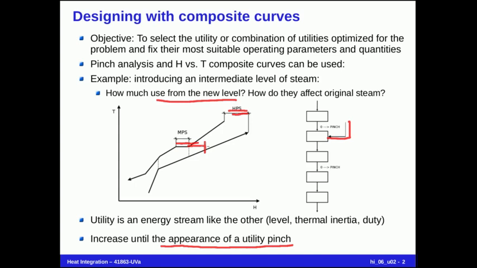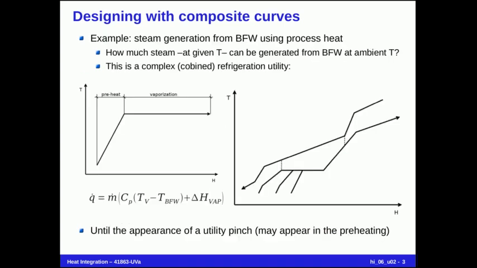Of course, we can do that because an energy stream is exactly like any other. It has its level, thermal inertia, duty, like any other hot or cold stream included in the hot or cold composite curve.